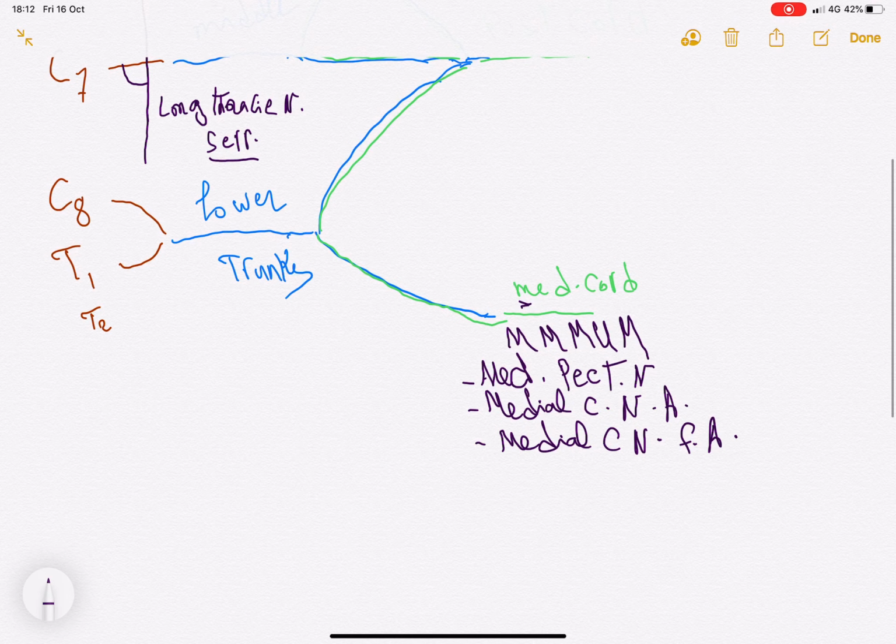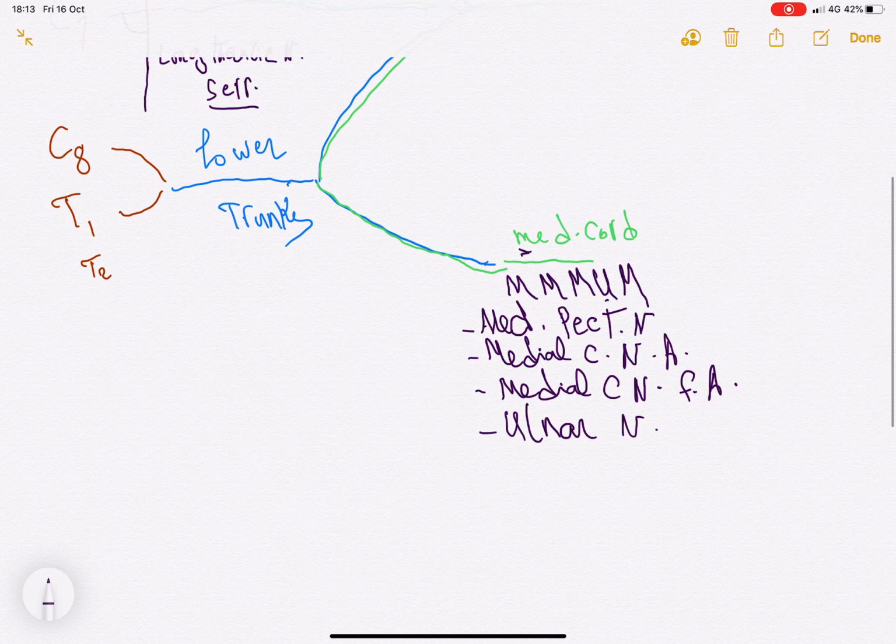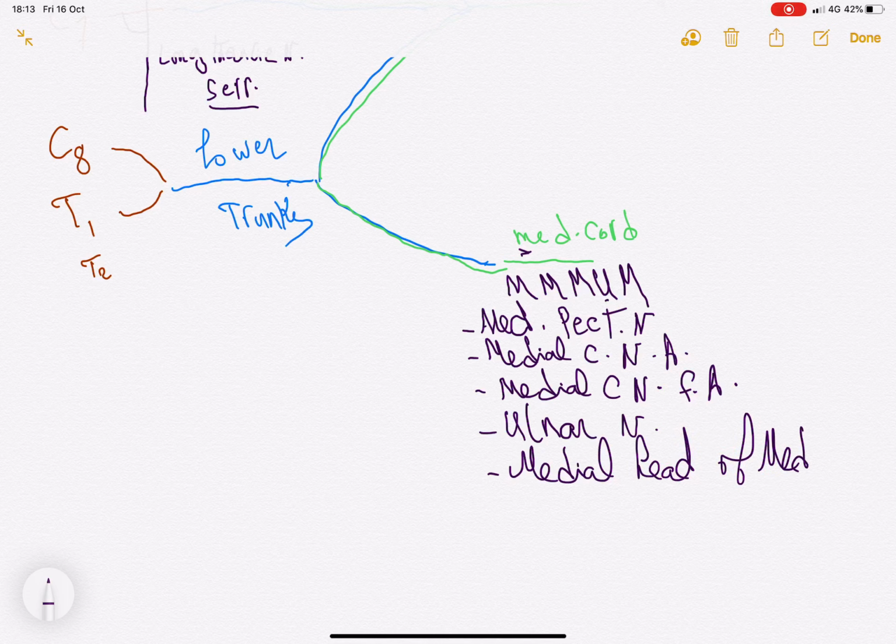Then U. What is the U? Ulnar nerve. Then the final M is the medial head of median nerve.